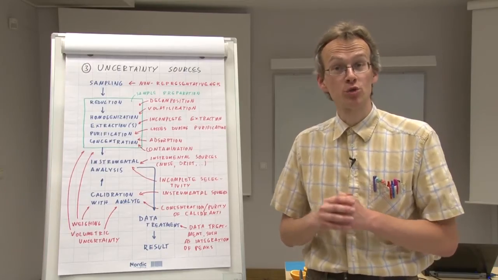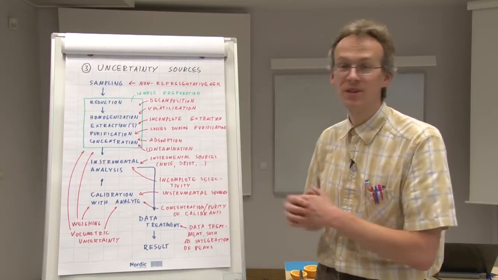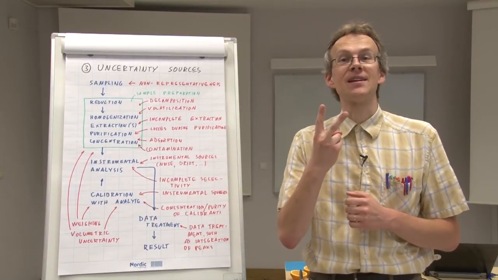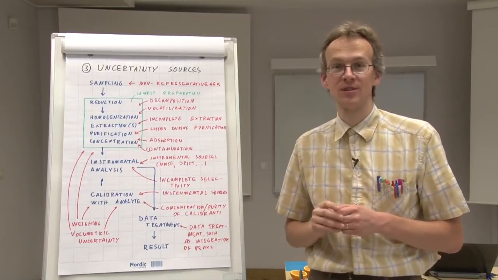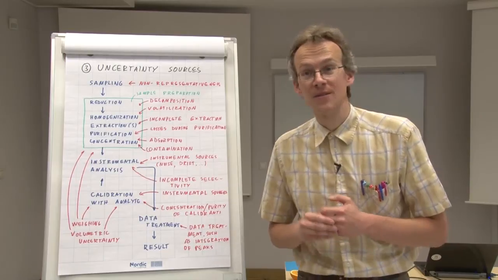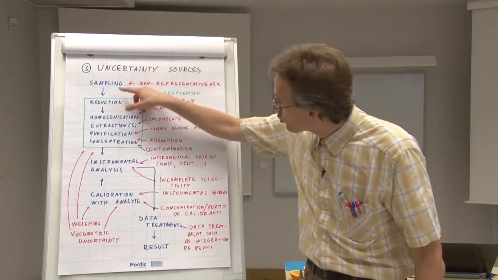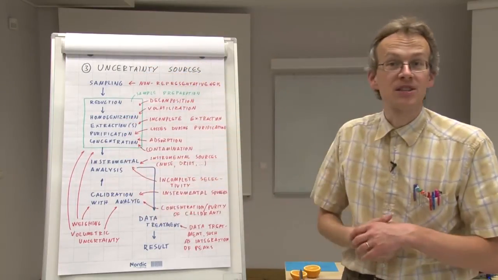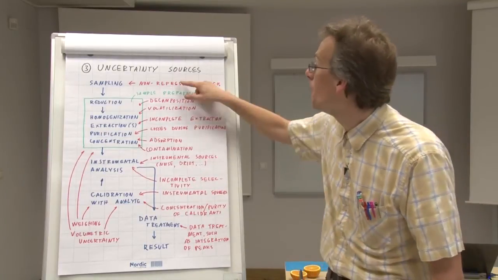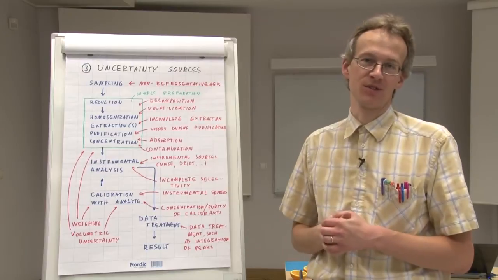Now, what should an analytical chemist do with these uncertainty sources? There are two main things that we have to consider and we have to do with them. First of all, and very importantly, this whole procedure and the way it's executed has to be done in such a way as to minimize all of these uncertainty sources.